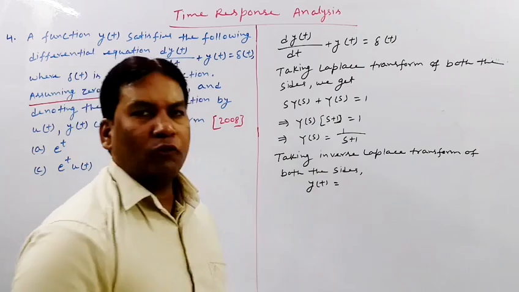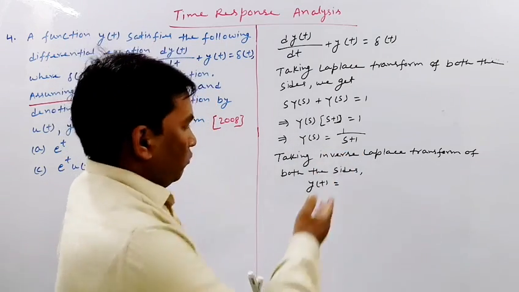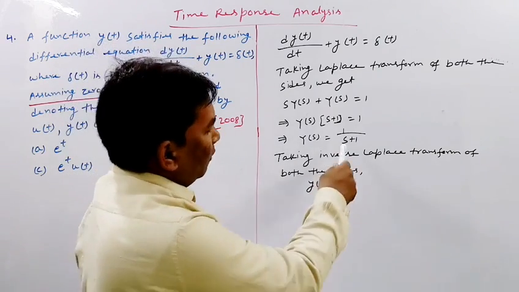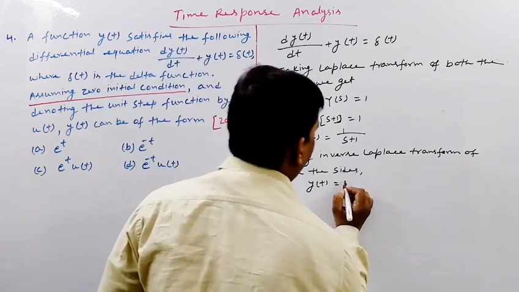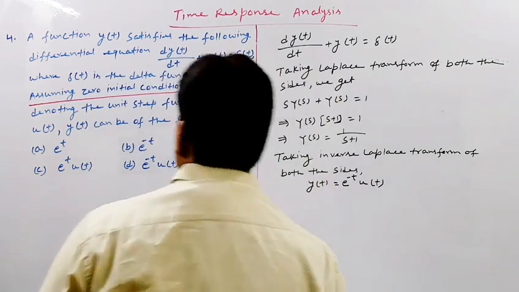If it would have been 1 by s only, then the inverse Laplace transform would be u(t). But since plus 1 is associated with s, it will be e to the power minus t u(t). So which should be the correct answer?